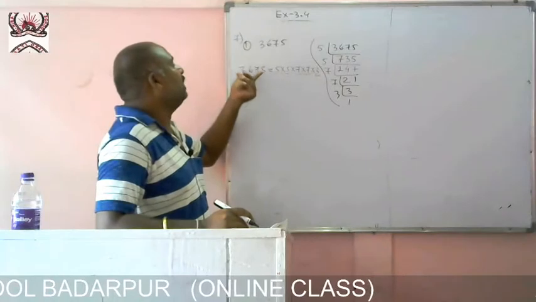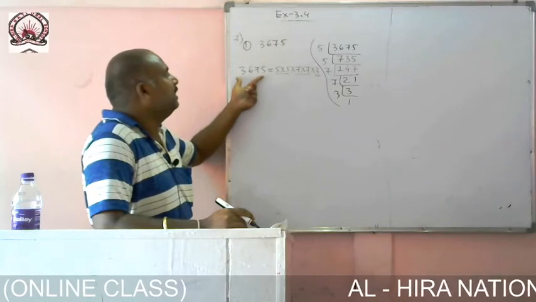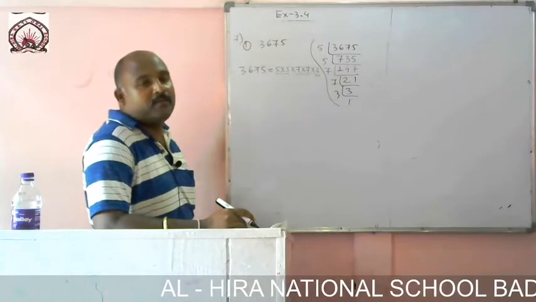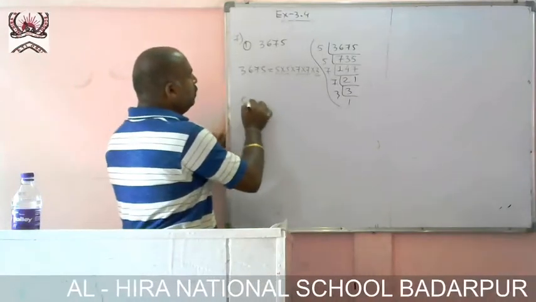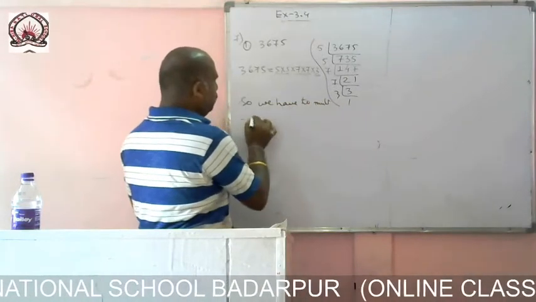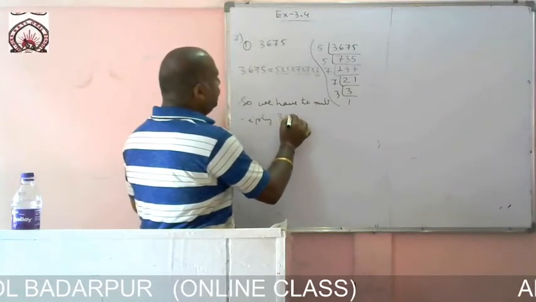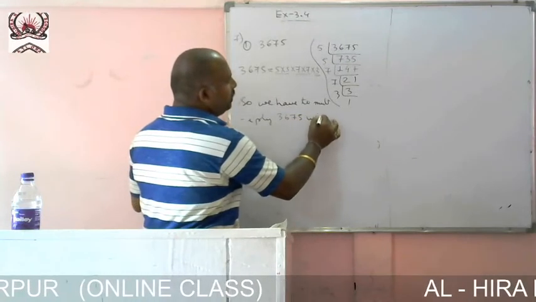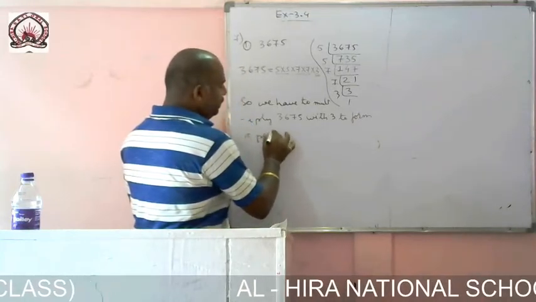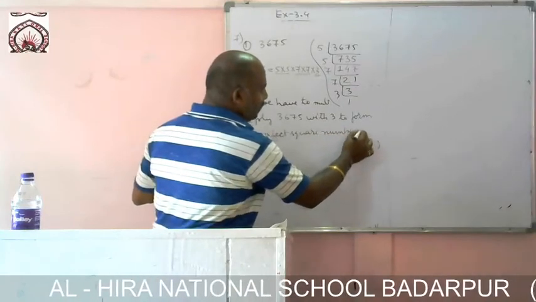So we have to multiply 3675 with 3 to form a perfect square number.